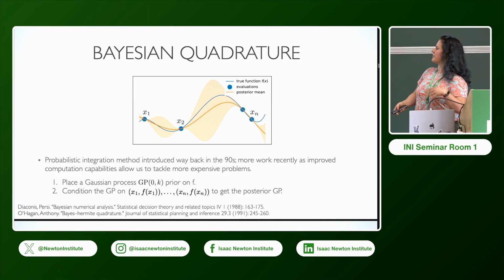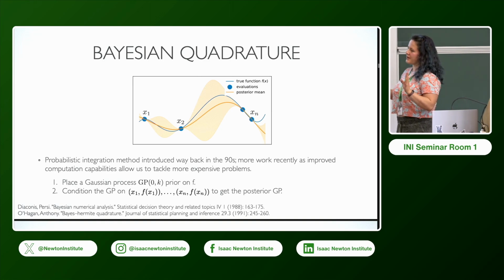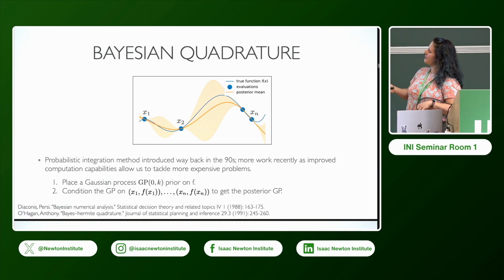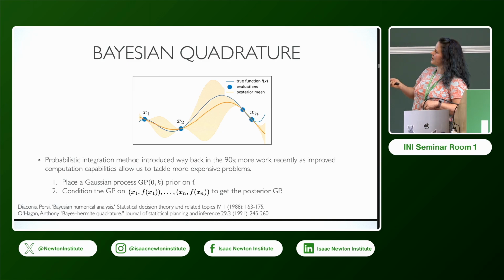Mean zero for the purpose of this talk is fairly without loss of generality, and kernel K on f, and condition this Gaussian process on the available evaluations to get the posterior GP. So here, this is a posterior GP, the red thick line, and this sausage here is plus minus 2 variance provided by the GP.